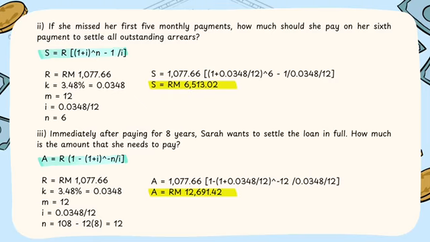The formula is A equals R times (1 minus (1 plus I) to the power of negative N) divided by I. The first step is you must solve the calculation in the bracket: 1 minus (1 plus 0.0348 divided by 12) to the power of negative 12, divided by 0.0348 divided by 12. So the answer is RM 12,691.42.